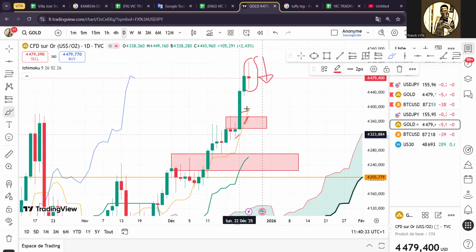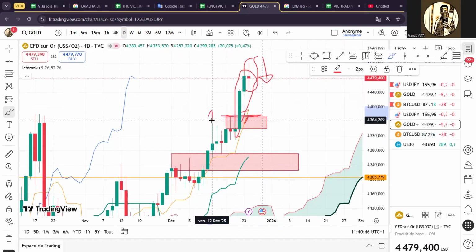But now we have a Luffy leg like this. On this Luffy leg, because there is no red candle in between, the maximum point the market can reach if it reverses on daily is at this level, level 1 on this VRS.